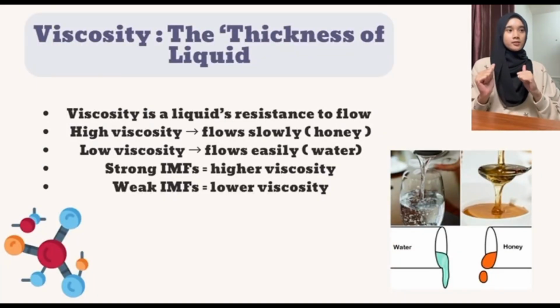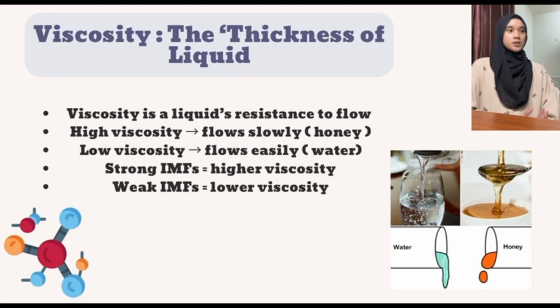So I will talk about the impact on viscosity. Viscosity means how thick or runny a liquid is. For example, honey is thick and flows slowly, while water flows easily. This happens because of intermolecular forces.